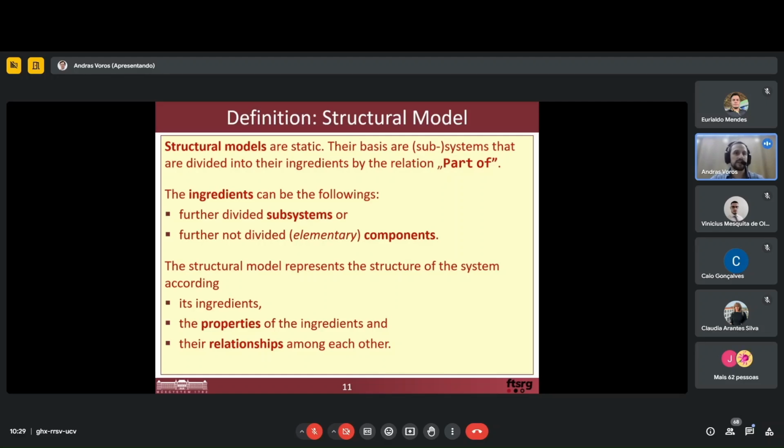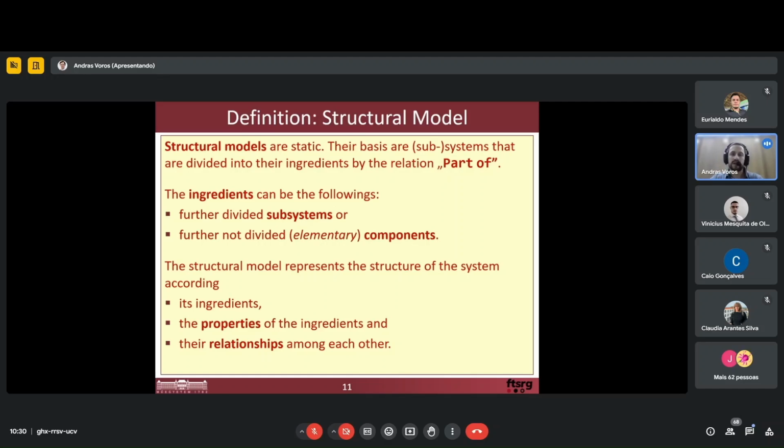So the ingredients for structural modeling can be the following. We use the further divided subsystems, or we can use the elementary components, that are those that are not divided further.